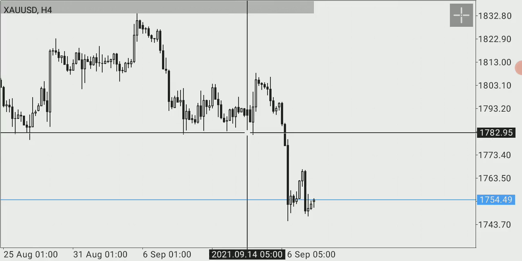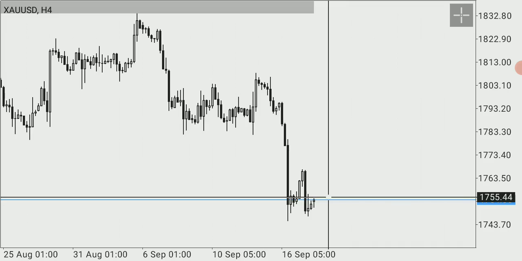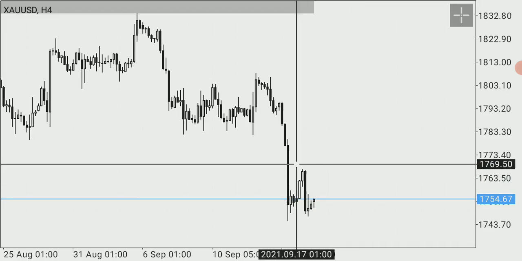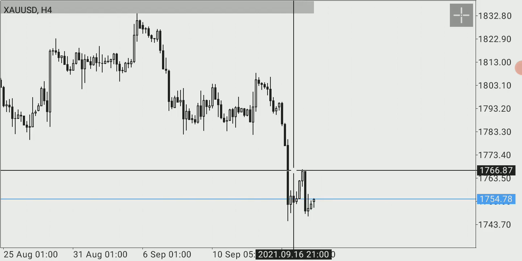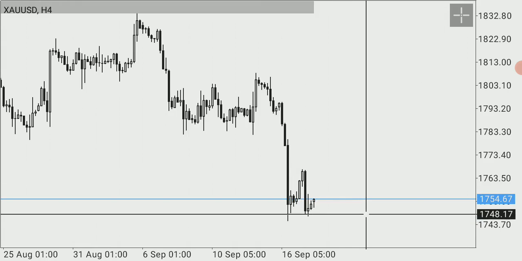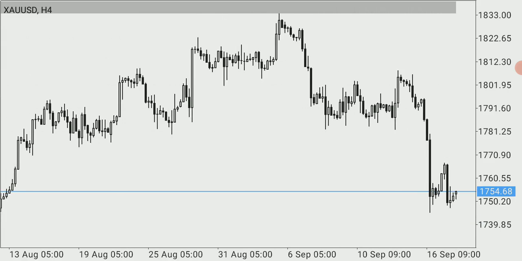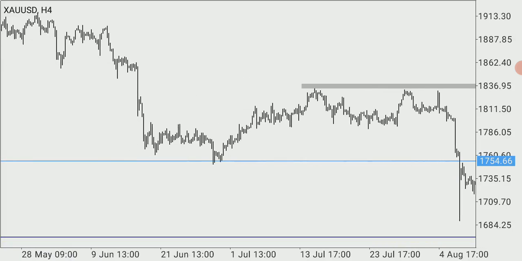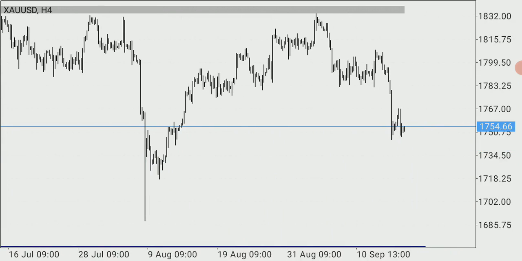I would likely look for gold, if it has momentum, to take out this high one more time, just wick through it and then drop. That's what I will be looking for, so I'll be looking for the bearishness of gold as well.